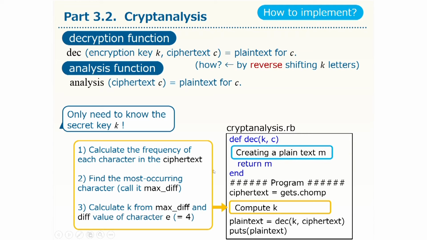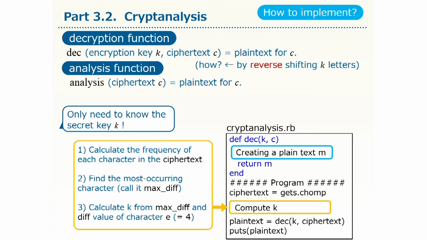For the cryptanalysis, we need to compute the secret key k. For this, first for a given ciphertext and for each character, its frequency, or the number of times that it appears in the ciphertext, is calculated. Then compute the most frequently appearing character and its index, for example, in the variable maxDiff. We earlier studied a way to find the highest number within the array.